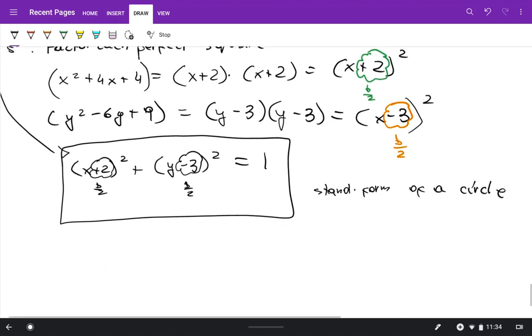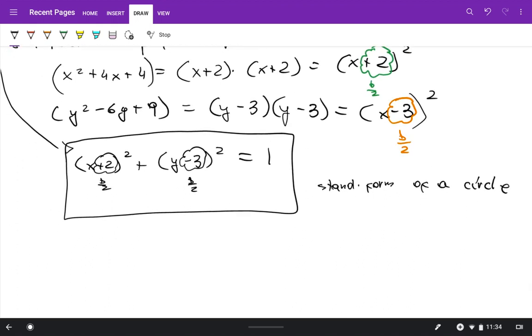For the standard form of the circle, I'm going to skip graphing, but now I know the center, h comma k. h is what you see next to x in the parentheses but take the opposite, which is negative 2. k is what you see next to y in the parentheses but take the opposite, which is 3.